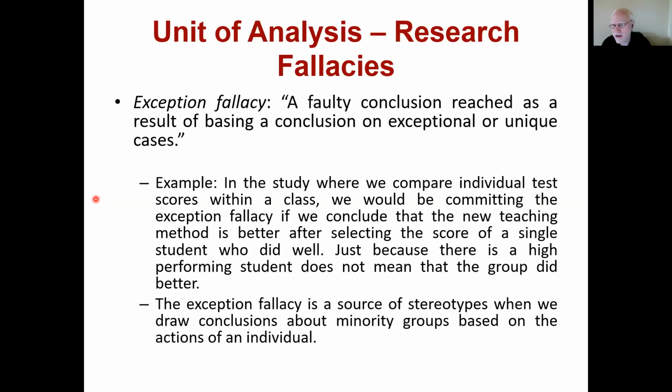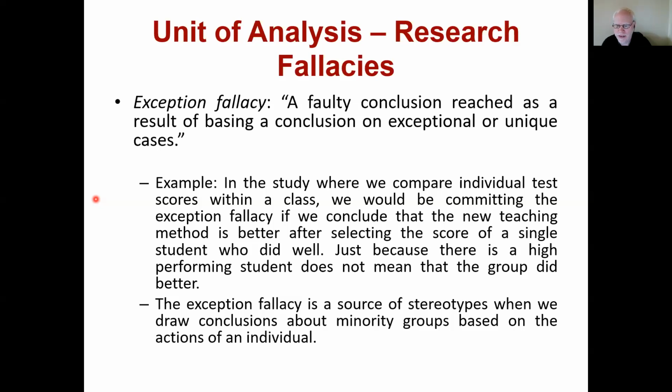The exception fallacy is actually really common in real life as a source of stereotypes. Oftentimes you see people who draw conclusions about minority groups based on the action of an individual. They see one member of a group doing something, and then they conclude that all members of that group, that racial group or gender or economic class, behave in that same way.